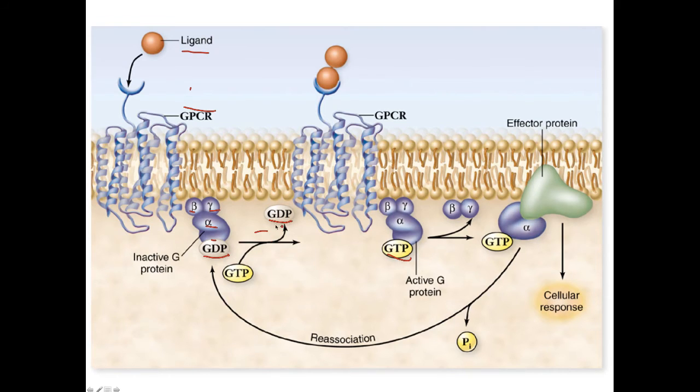So it exchanges GDP for GTP. This is an actual exchange. We're not just phosphorylating GDP to GTP. Rather, we are releasing GDP, and GTP becomes bound to the alpha subunit of the heterotrimeric G protein.